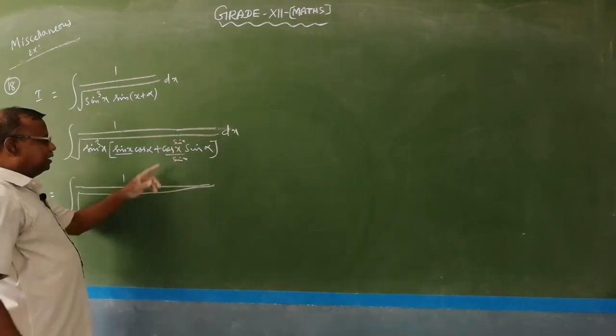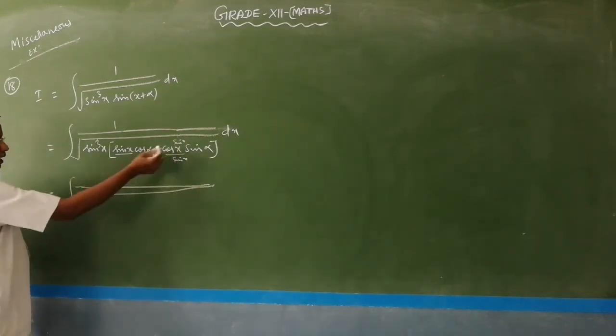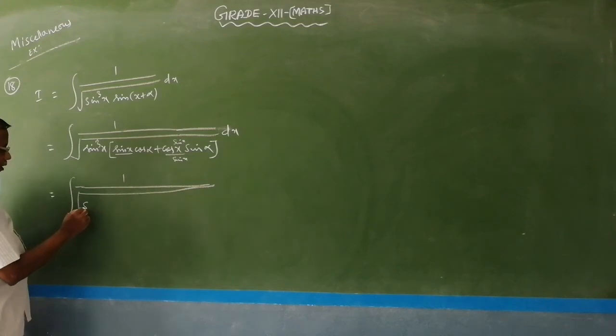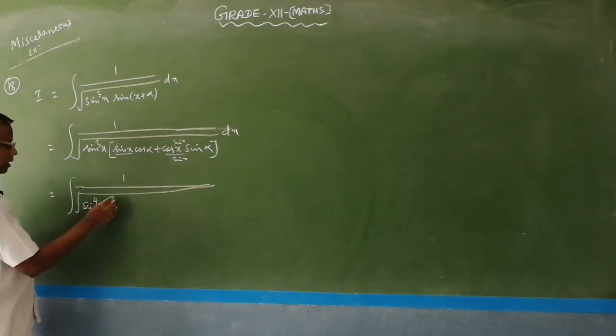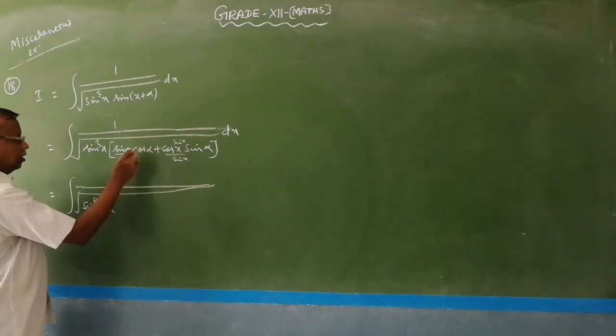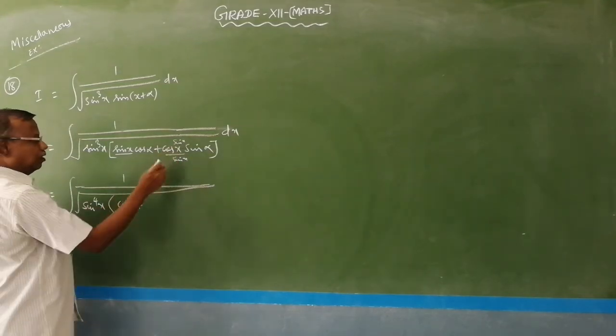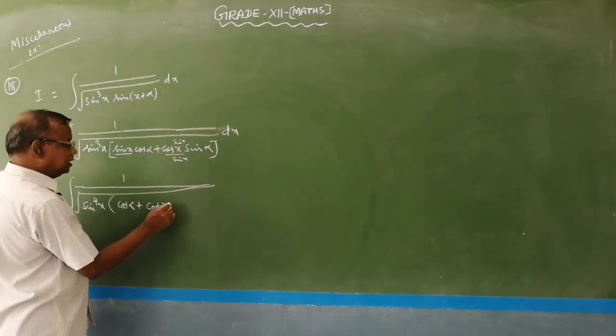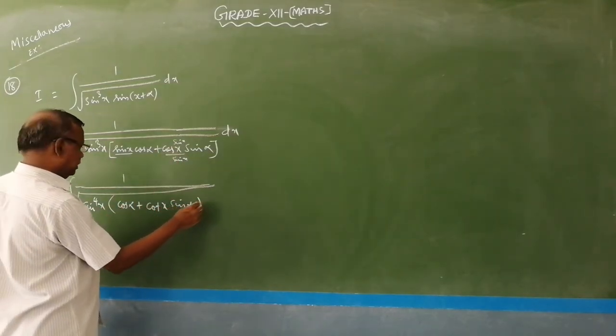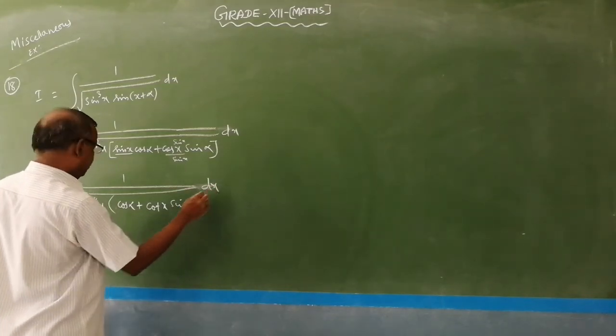So it is sin x into cot x. We can take sin x common, this will become sin power 4 x, and the remaining part is cos alpha plus cot x into sin alpha, into dx.